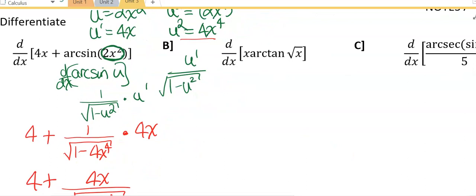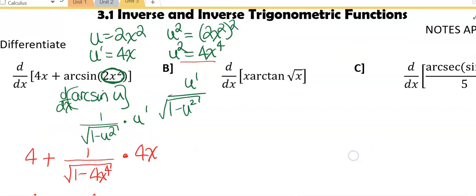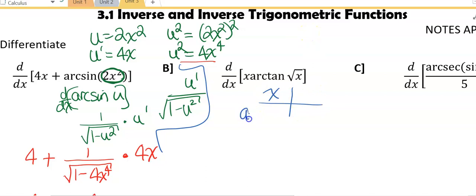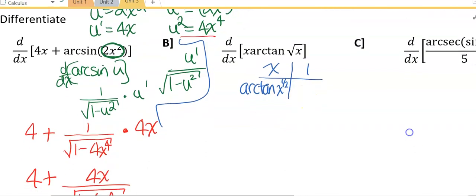Okay, this next problem. We have a product rule here. Let's move this down here. We have x, and we have arctan of x to the 1/2. The derivative of x is easy enough, it's 1. The derivative of arctangent is 1 over 1 plus x squared.